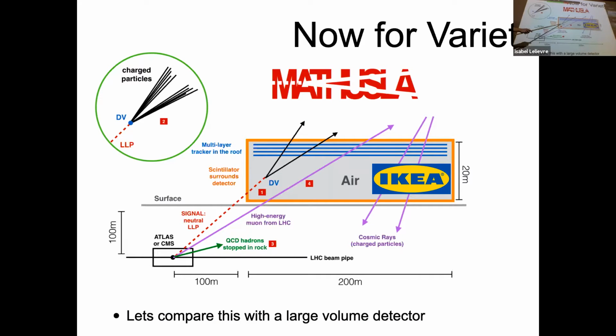You measure the time of your displaced vertex. You know that things are moving at roughly the speed of light, and the collision time you know very precisely. So you multiply the collision time by the distance times the speed of light, look for a decay here, and make a very narrow time window to look for your decay.